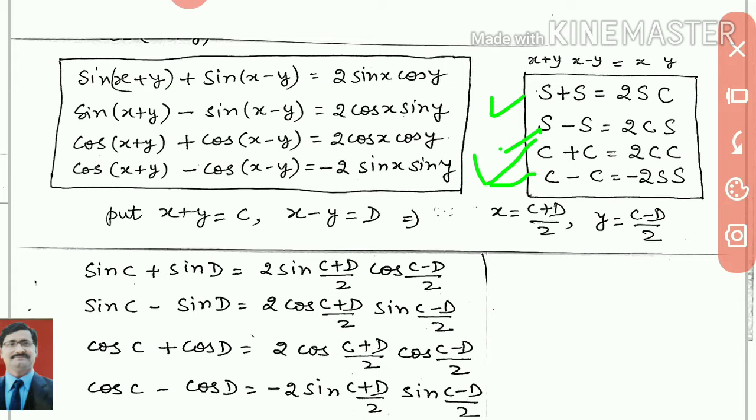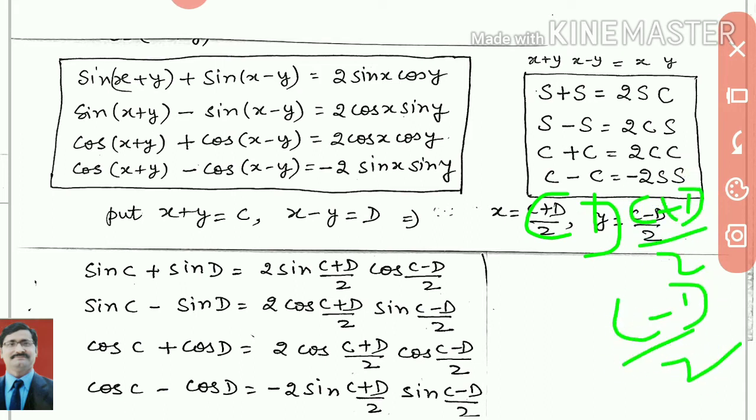Look here, s is for sine and c is for cos. I write here x plus y and x minus y, then you have x and y. If you have c here, then here will be d, and you will have (c plus d)/2 and (c minus d)/2.